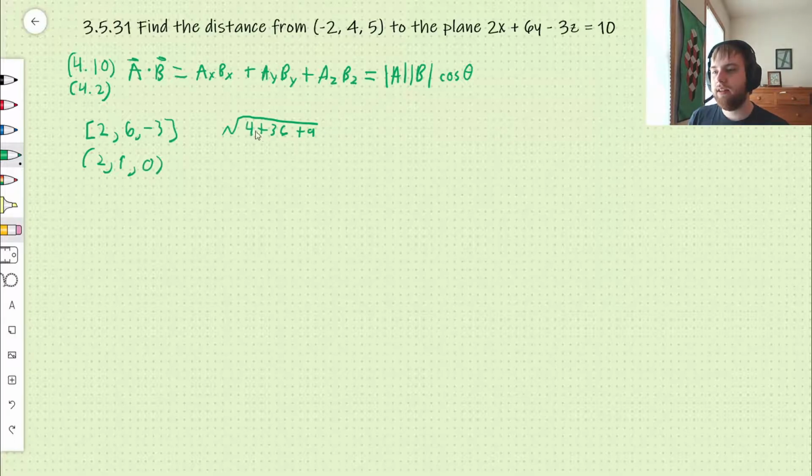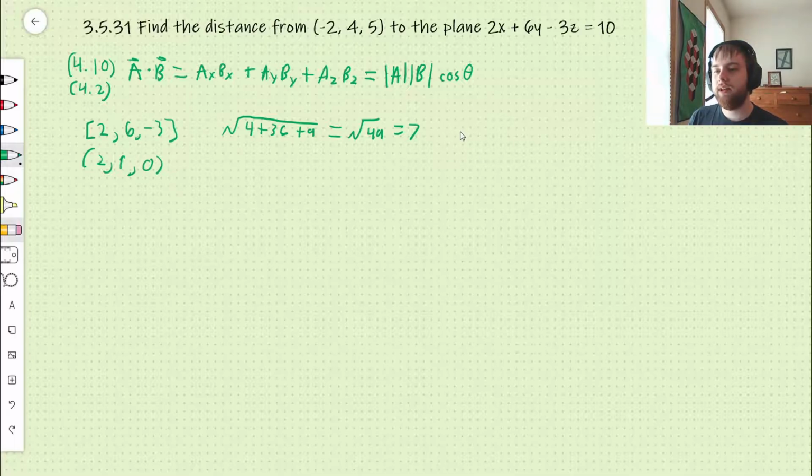If you add these all up, you get 49, and the square root of 49 is 7. So the length of this vector is 7. In order to turn this into a vector of length 1, you divide each component by 7.